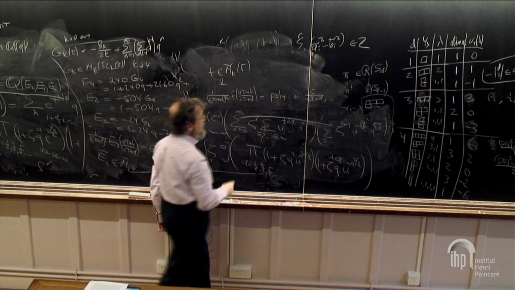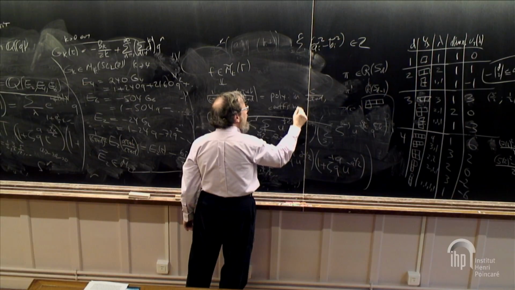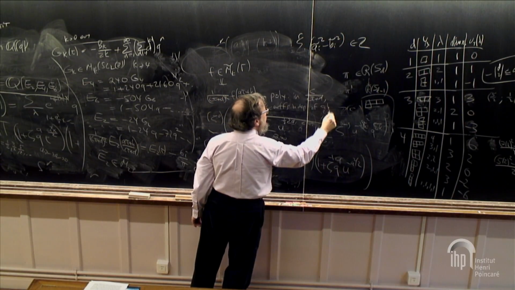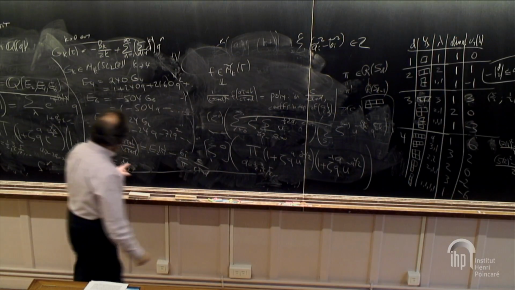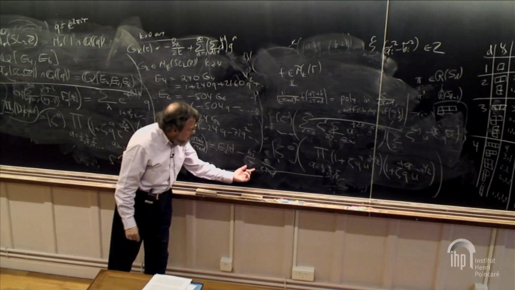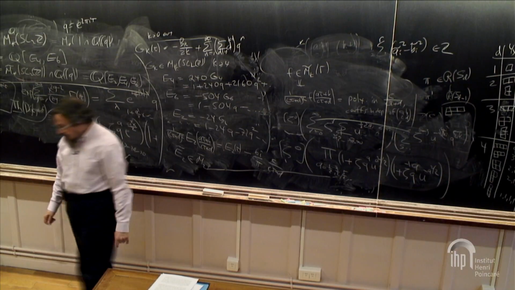Polynomial means a finite sum of powers with coefficients independent of a, b, c, d. So for instance, for E2, you see that the coefficients of the polynomial are E2 of tau and minus 6i over pi. They depend on tau, but not on a, b, c, d.